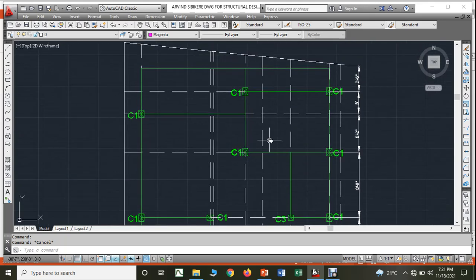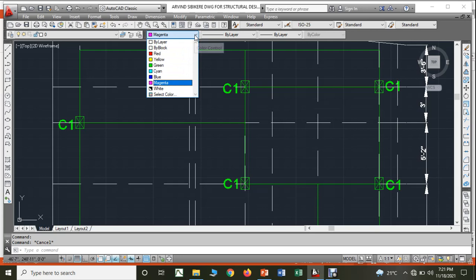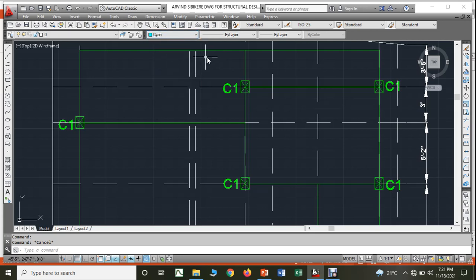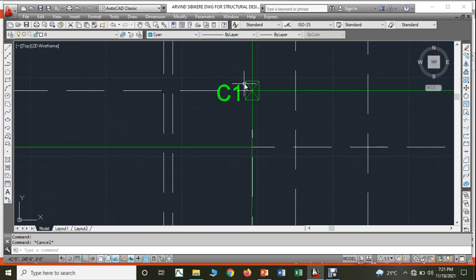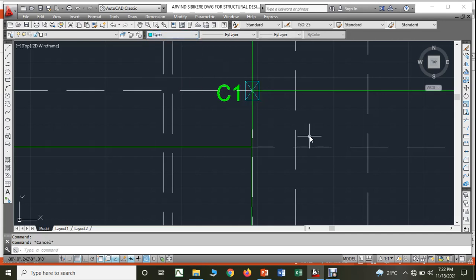So therefore what we will do, we will make column color changes. I'll just connect, select this and make that this color.